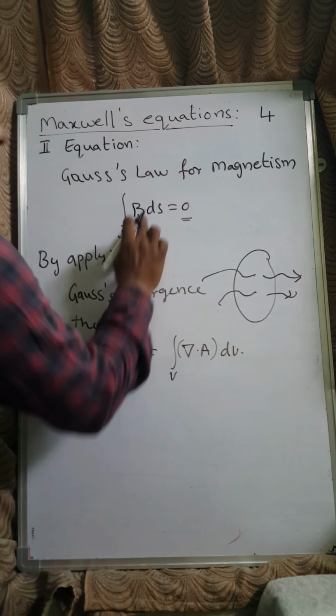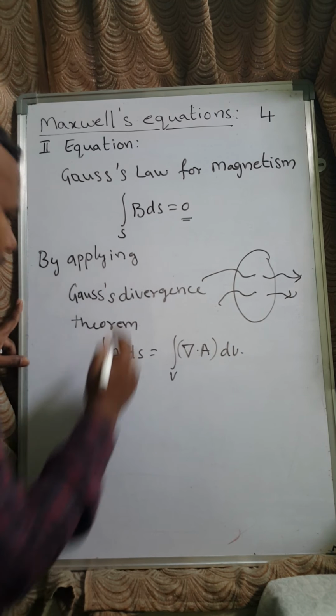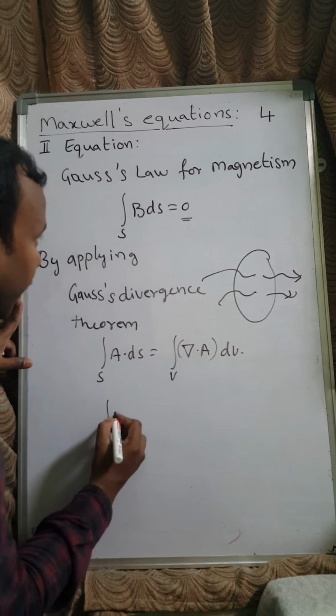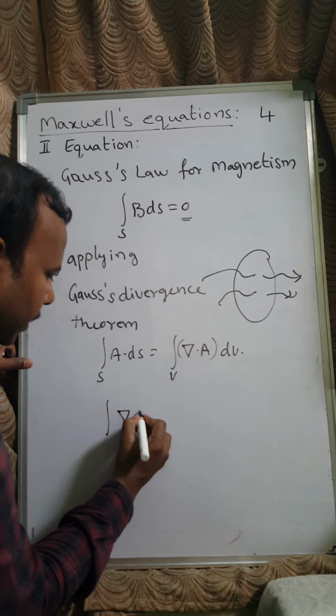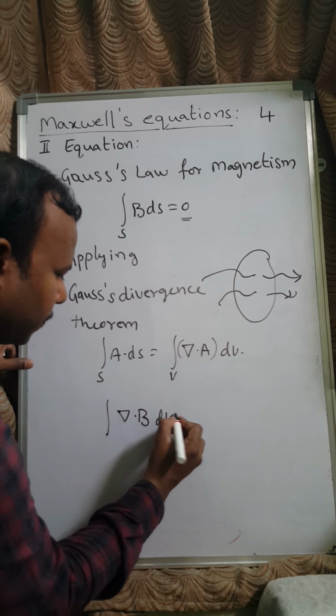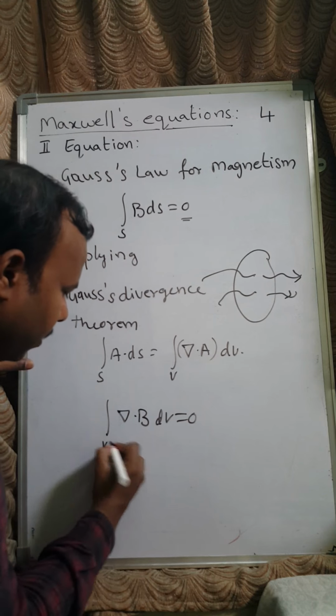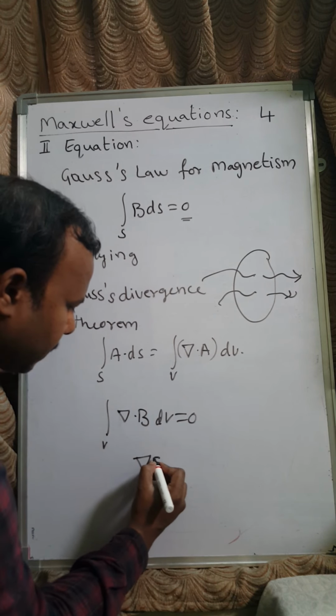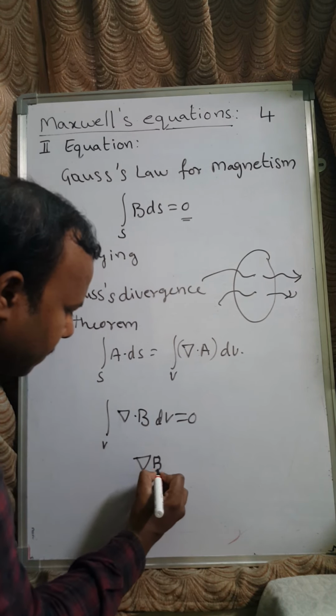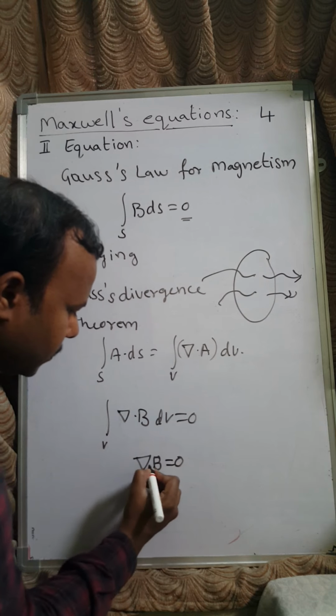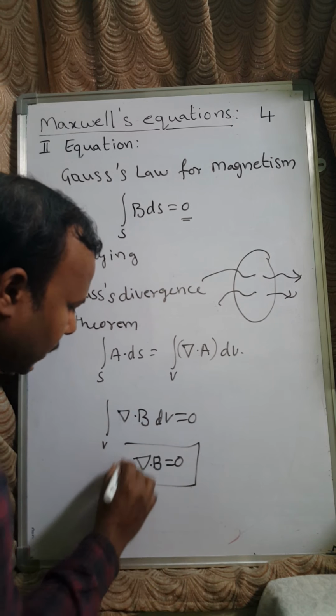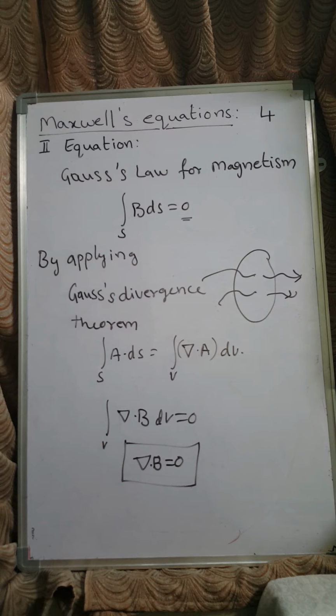I replace A by B, the magnetic field, then I get del dot B into dV equals 0. Del dot B equals 0. This is Maxwell's second equation.